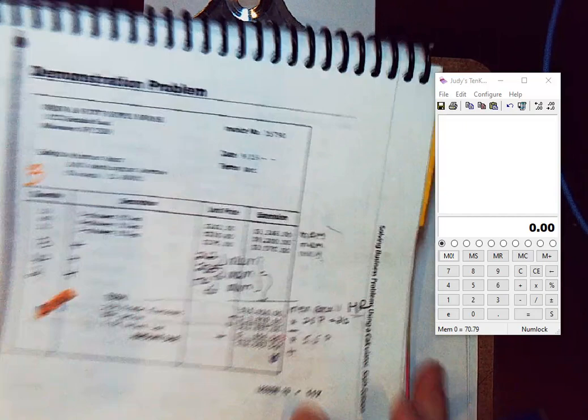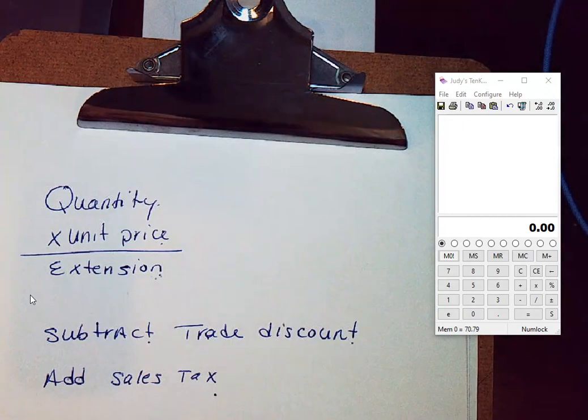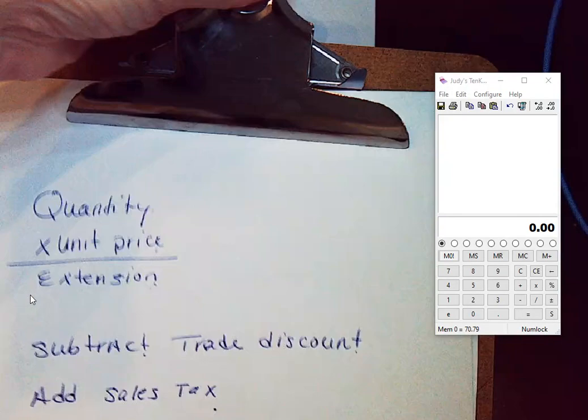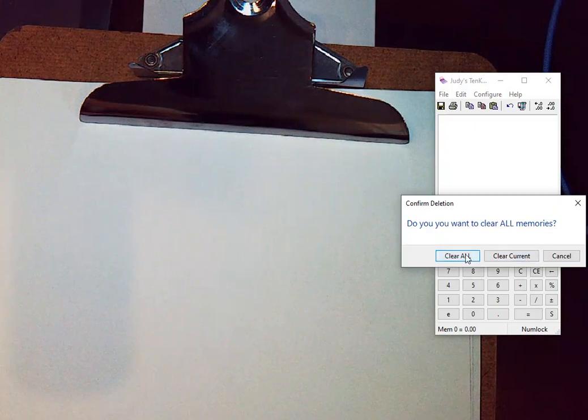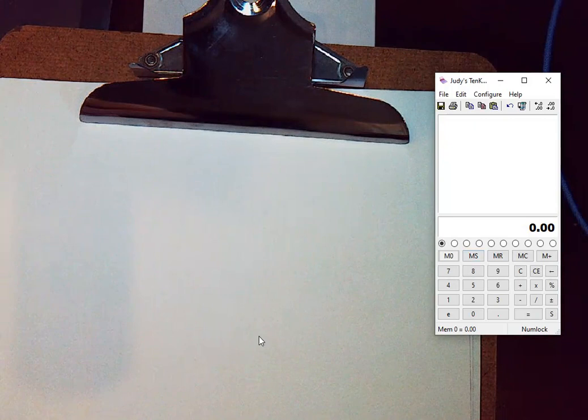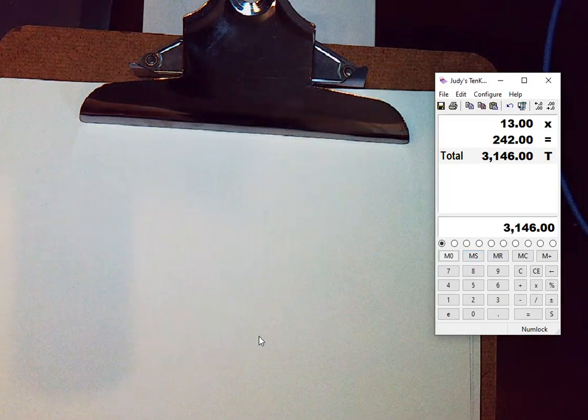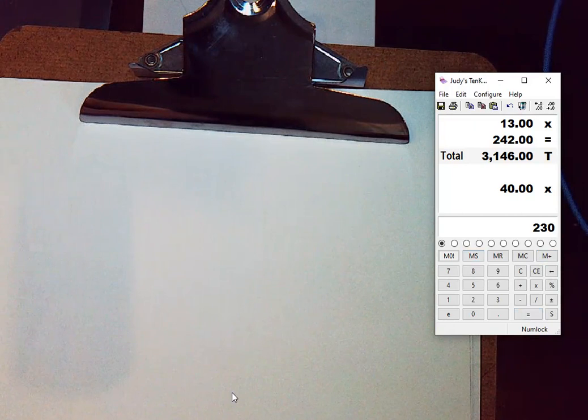So let me do this on Judy's 10 key for you. Make sure memory is clear. So 13 times 242 is the extension for the 5-drawer. Put that into memory. 40 times 230.